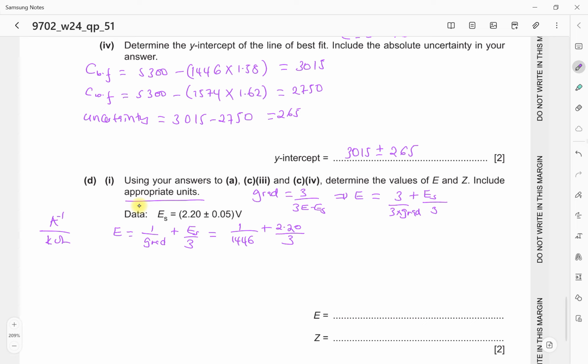And in order for us to add, I must change the units for the gradient so that they can't be per ampere, they should be per ampere per ohm. So I have to remove the kilo. Initially they are per ampere per kilo ohm.